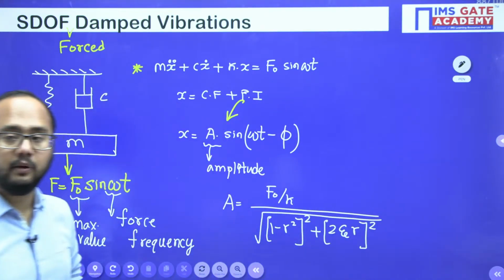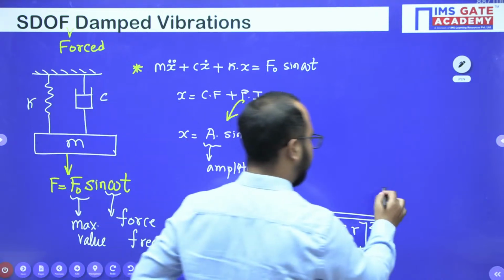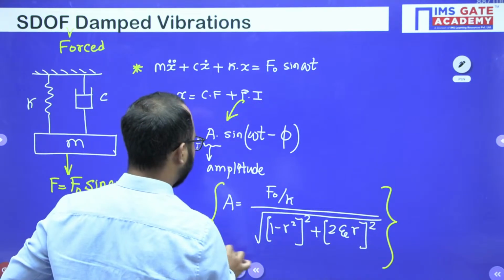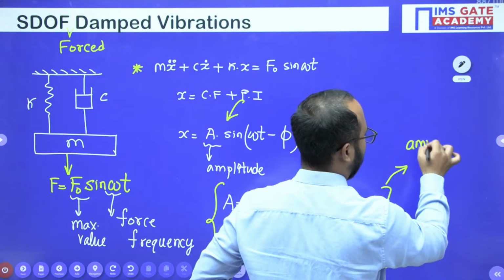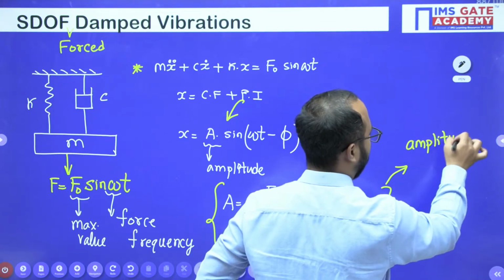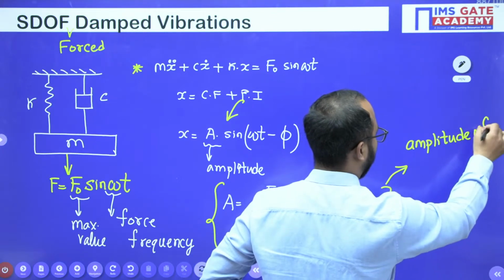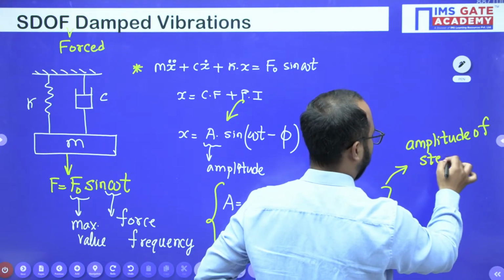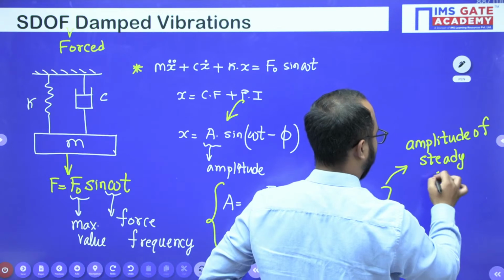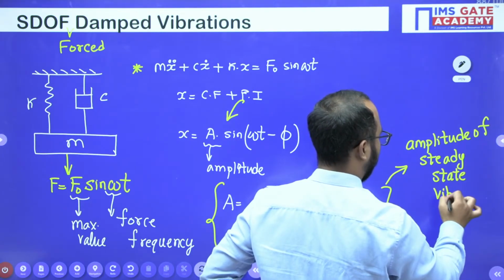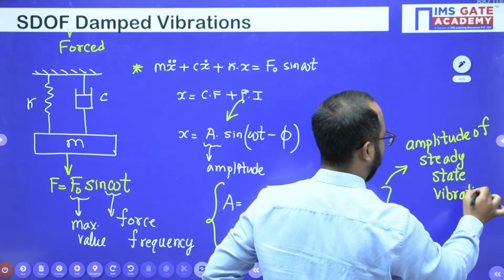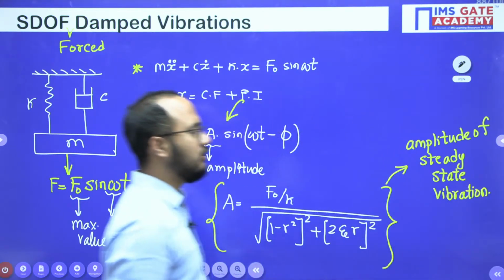Right, this is the formula: amplitude of steady state vibration, one of the most important parameters as far as the numerical is concerned.